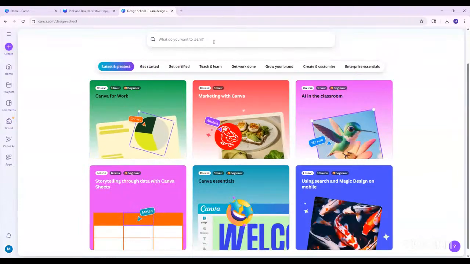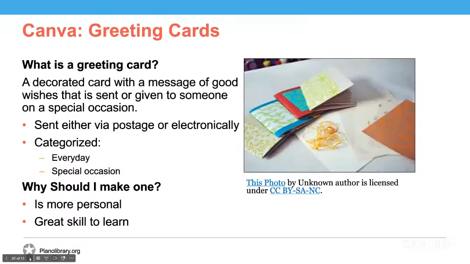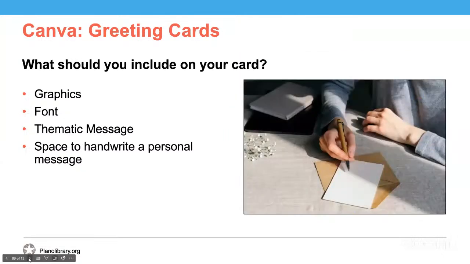All right, so with that, we'll go back to the presentation to look at some more additional resources for you. Can everyone see? Let me skim through real quick to page 11.